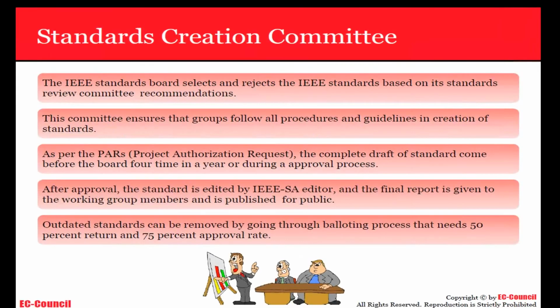I think most of us do know that we now have different organizations such as ISO, IEEE, and other organizations which take care of standards. So I did mention IEEE. What is this IEEE? Basically, this is the board who selects and rejects the IEEE standards based on its standard review committee.